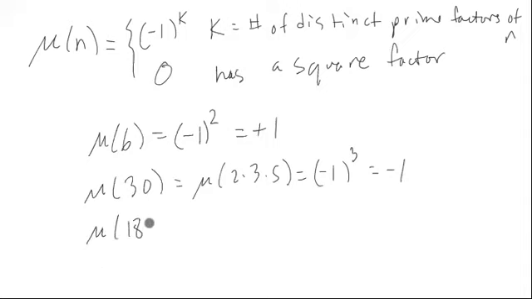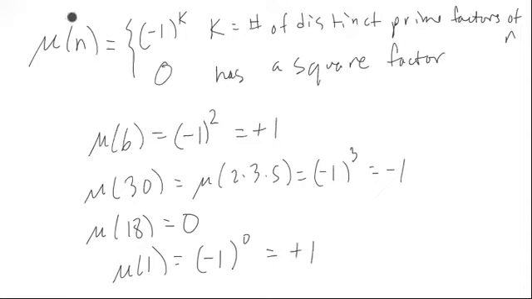Mu of 18 has 9 as a factor, which has a square, therefore output is 0. Mu of 1 is (-1)^0, since there are 0 prime factors, and there's no square factors, so this is just +1.